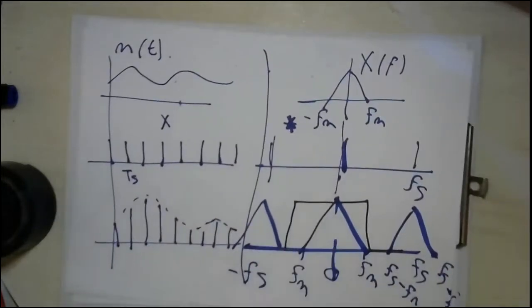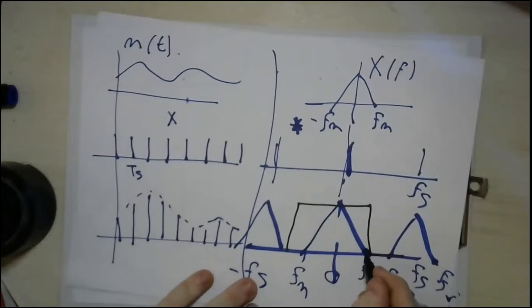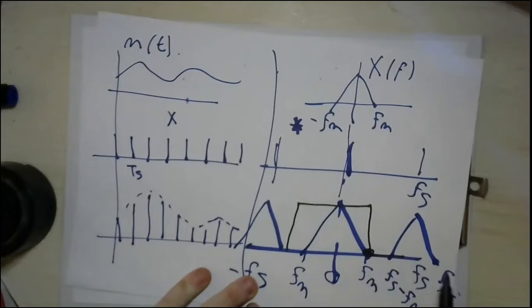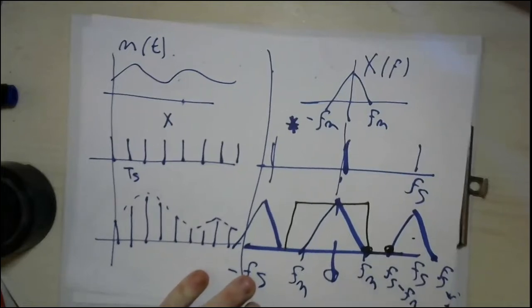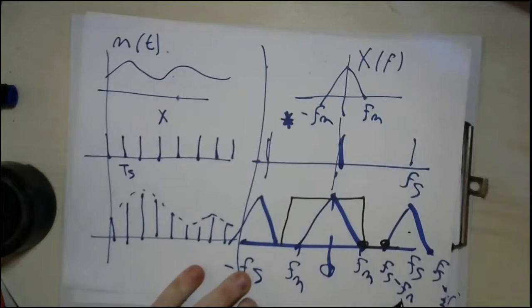Let's check this. In order to avoid aliasing, my dear students, you have to make the maximum of the baseband signal smaller than the minimum of the first harmonic. This value is Fm, and this value is Fs minus Fm.